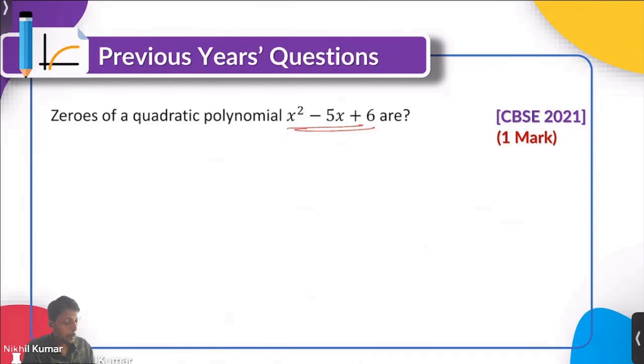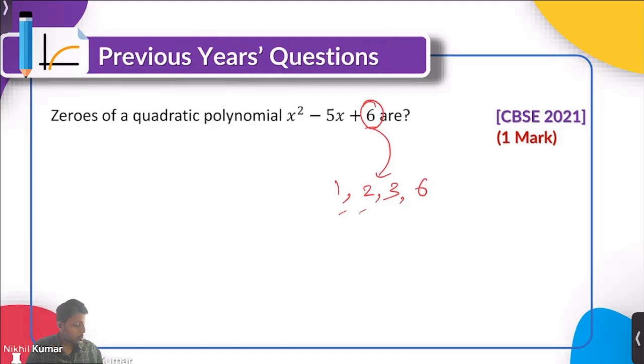quadratic polynomial. We can split the middle term and factorize it. Let's do that. First thing is you find how many factors. You write some factors of this. Okay, so it's 2 and 3. Of course, 1 and 6 are also factors of this. Now, what 2 factors should I choose from here so that their product is 6?